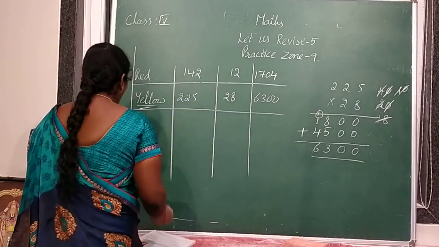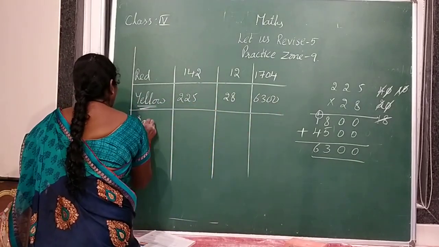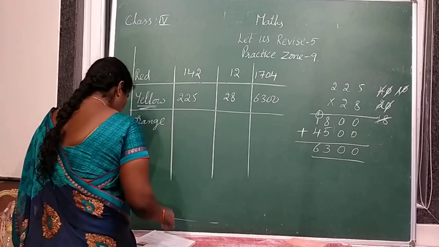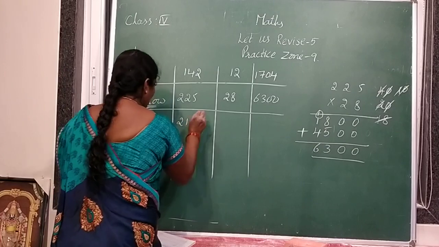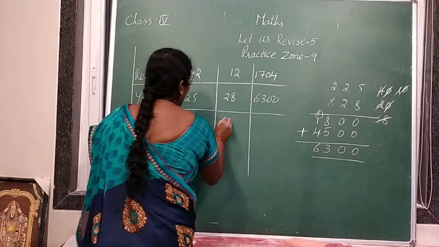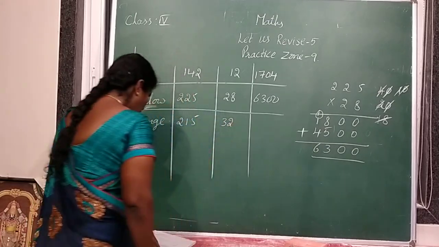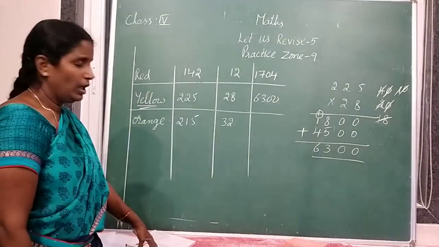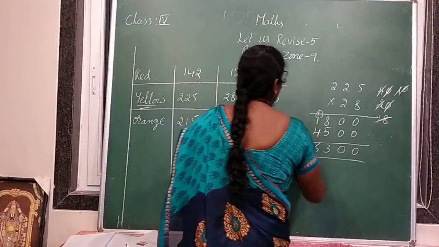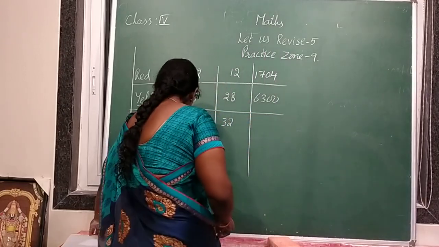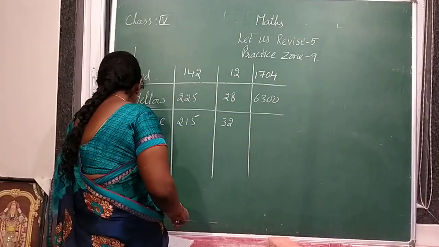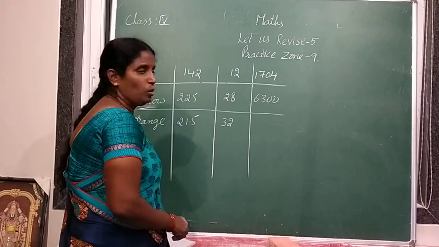And next, orange color. In each orange color box, 215 pencils are there, and there are 32 orange color boxes. Now we have to find how many pencils are there in 32 boxes.